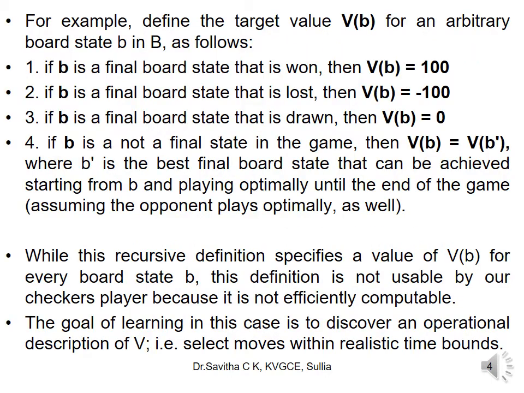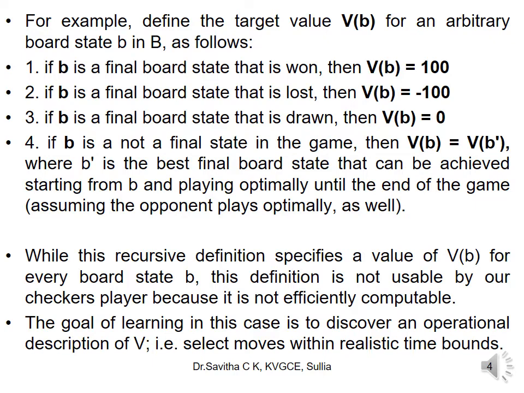For example, let us define the target value V(b) for an arbitrary board state b in set B. If b is a final board state that is won, then V(b) is assigned 100. If b is a final board state that is lost, then V(b) is equal to minus 100.